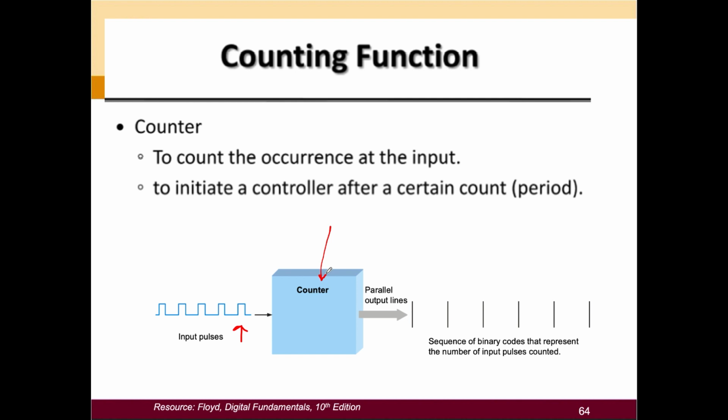There are parallel output lines for your output. Another objective is to initiate a controller after a certain count period. So you will get the sequence of binary code that represents the number of input pulse count. So let's say 1 pulse, 2 pulse, 3 pulse, and so on.